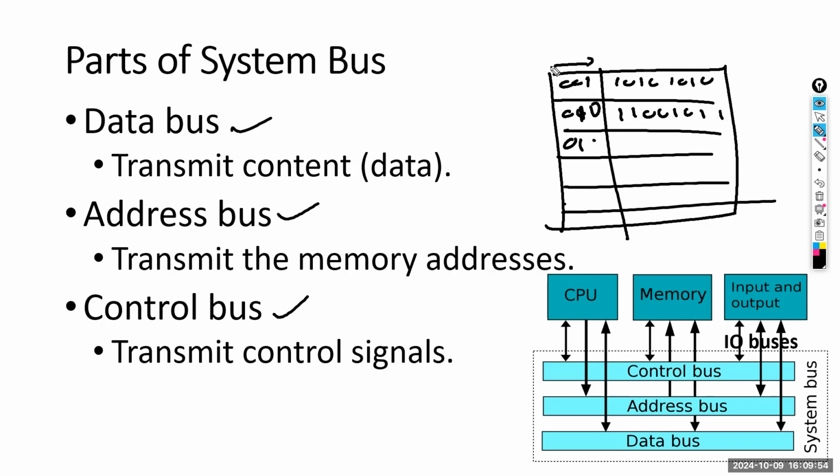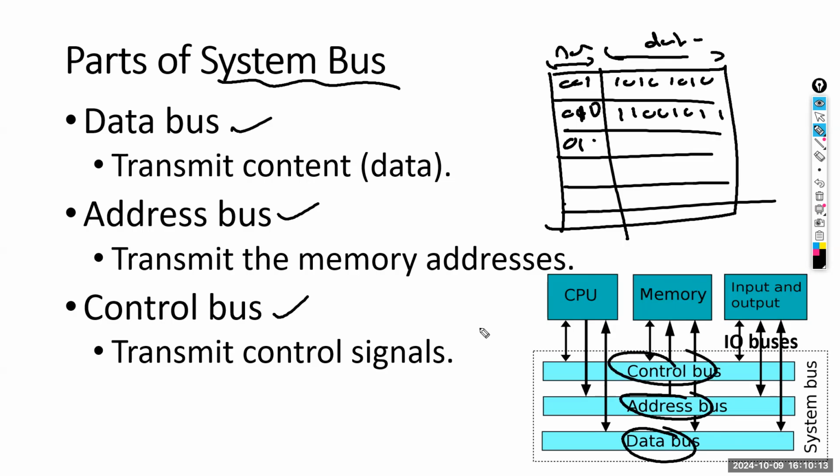This is the address, and this is your data or the content. Of course, when I say data, it can be data or programs. And remember, our system bus consists of 3 lanes: data bus, address bus, control bus.